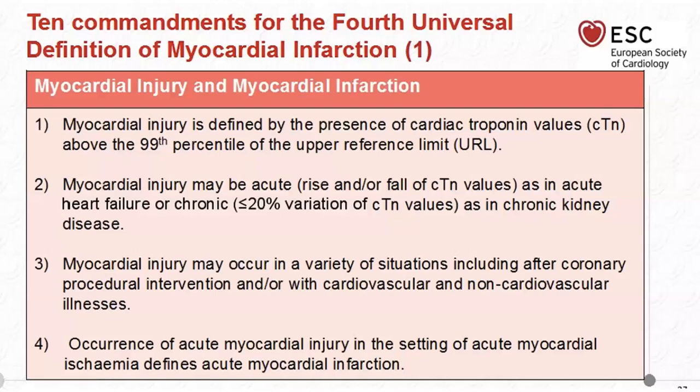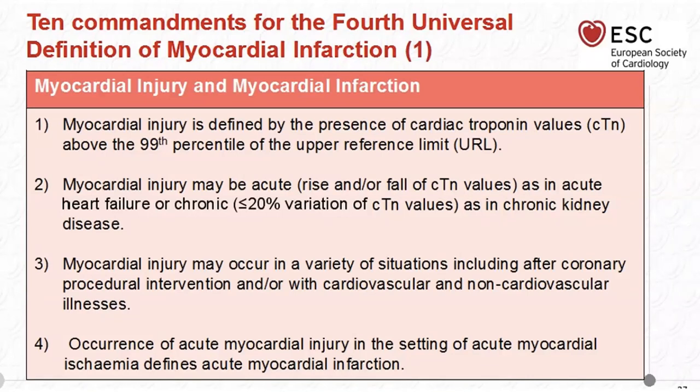So what are the commandments that we are getting from these ESC guidelines? We need to do our myocardial troponin levels, and we need to have at least one level that is above the 99th percentile. The myocardial injury may be acute if you are seeing a rise or fall in your cardiac troponin. It might also be increased in acute heart failure or chronic conditions if the rise is less than 20%, like we mentioned, as in chronic kidney disease.